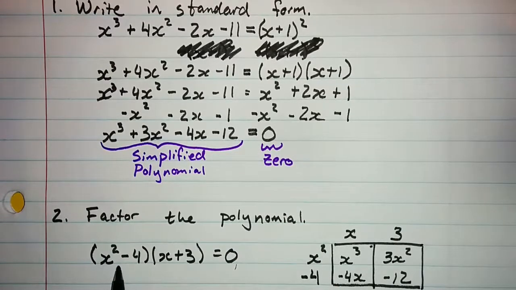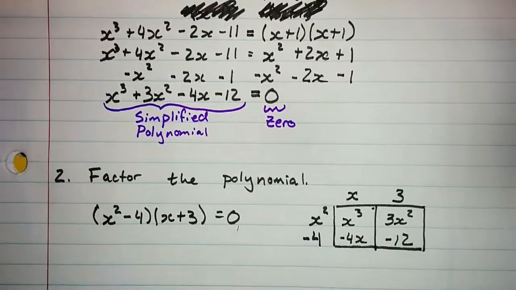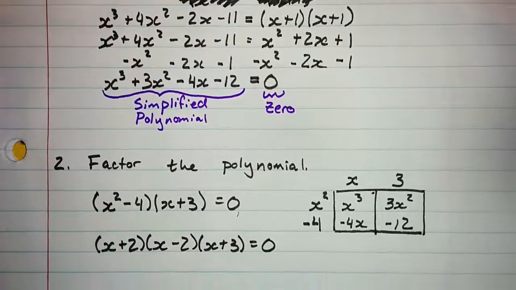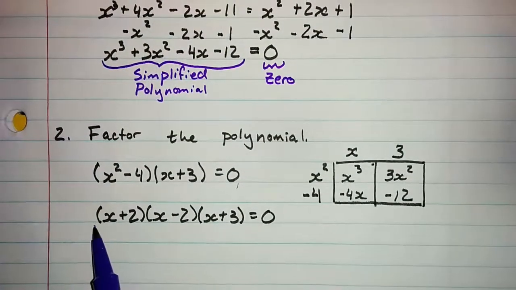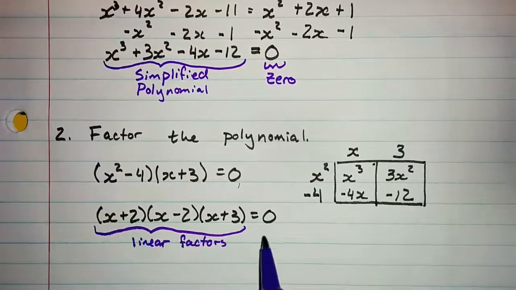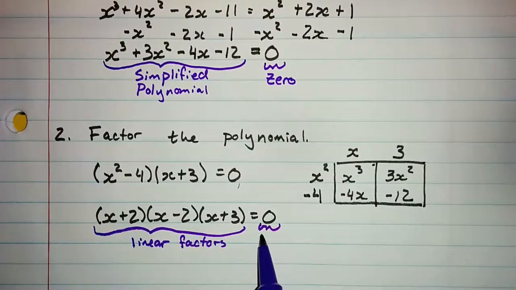Oh, but this is a difference of squares, so I can factor it further. And now what do I have? I have some linear factors, and their product is 0. So this is in factored form.